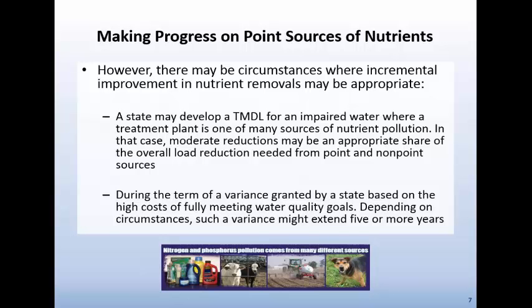So those are circumstances where optimization becomes appropriate, because it can be considered when permit authorities are seeking to make progress on reducing nutrient discharges, but don't have to go all the way at one time.